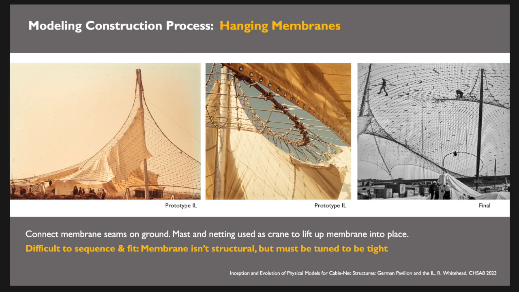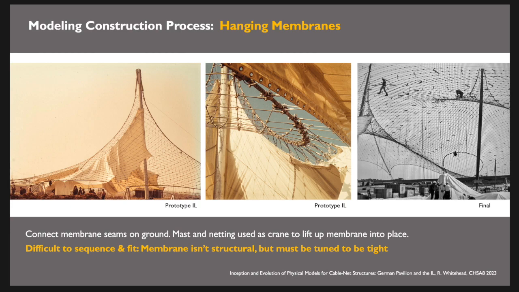The membrane hangs below it. So the cable net itself is what's holding up the main structure, and then the cable net has to support the membrane. The membrane then has this gap in between. So they're able to use different hangers, pull the hangers up, essentially use the mast itself as almost a crane that's able to lift this up into place.